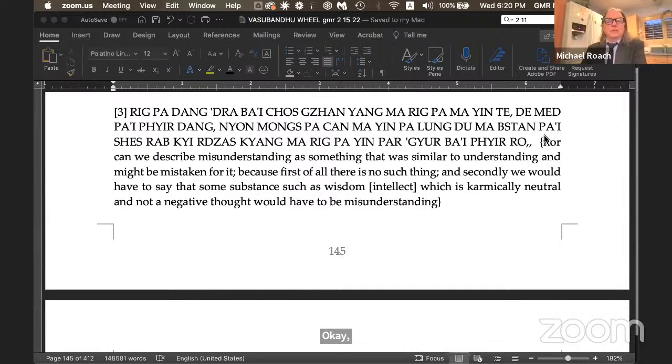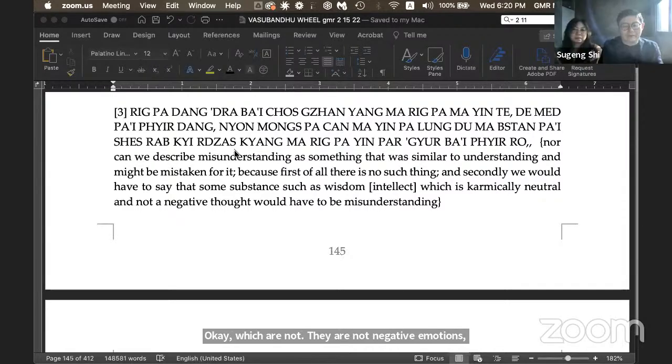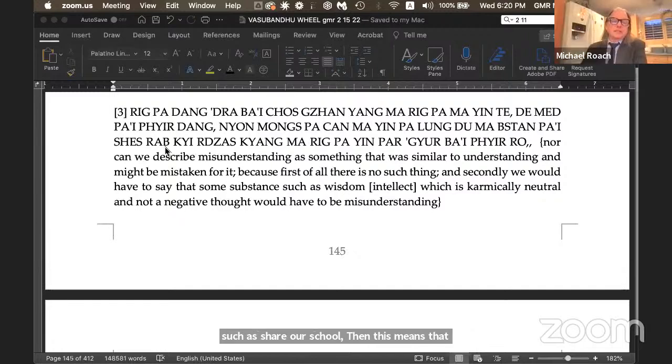And it could also include things that are karmically neutral, which are not kleshas, not negative emotions, such as shirab. Shirab can also mean intellect.